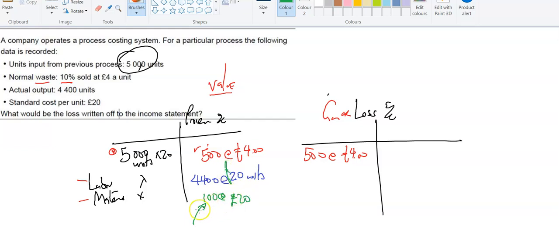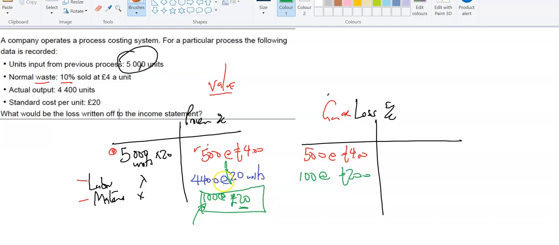So they are £20 as well. You shouldn't have lost them. That's your fault. They might have been stolen. We don't know. But the key point is that this is good stock that we didn't expect you to lose. So this will come out of here into here at £20. That's the value of them.